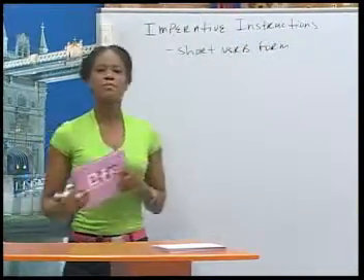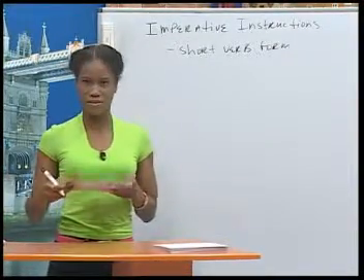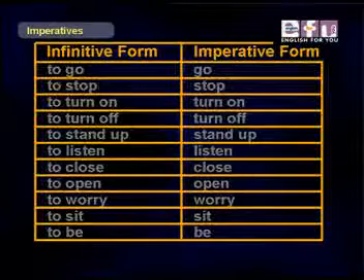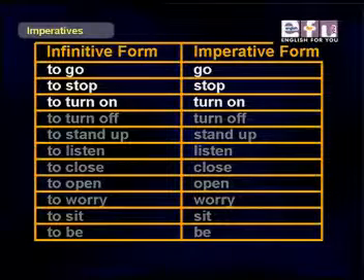Okay, let's look at some common verbs that we use in imperative instructions. Take a look at your screen. The infinitive form of the verb, meaning the simple verb form with to at the beginning. For example, to go. In the imperative form, we drop the to and it's just go. To stop, in the imperative form, is stop. To turn on is turn on.